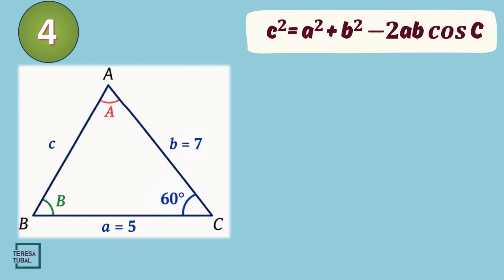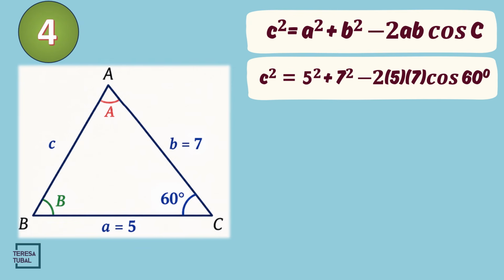Let us replace all the values into the given equation. So that becomes c squared, copy, and then 5 squared, 7 squared, copy negative 2, replace a by 5, replace b by 7, and angle C, that is 60 degrees.